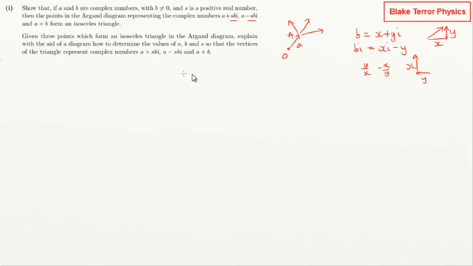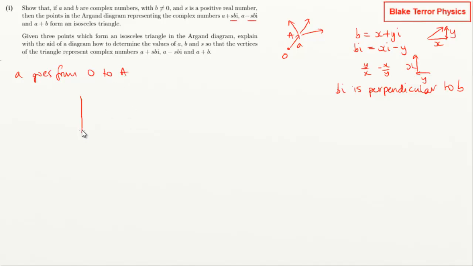So we've got something that's perpendicular to B. Okay, right, that does help. So Bi is perpendicular to B. That just dropped straight out, didn't it?